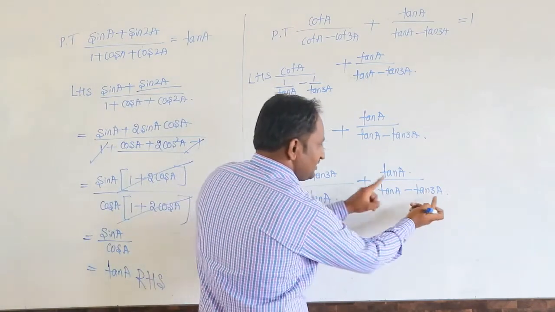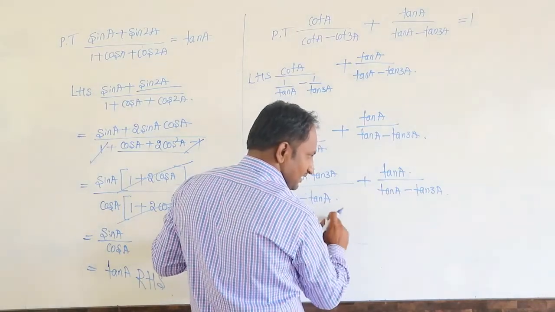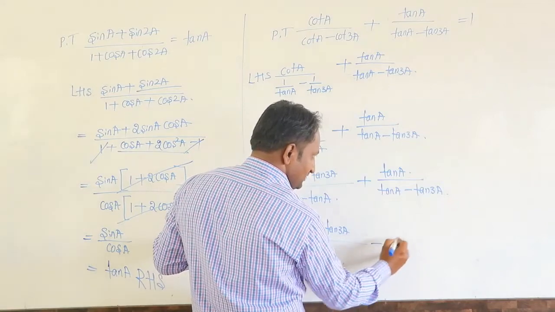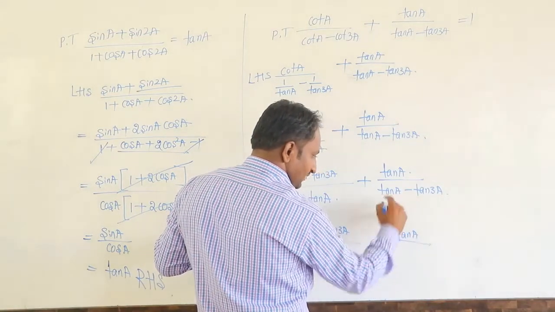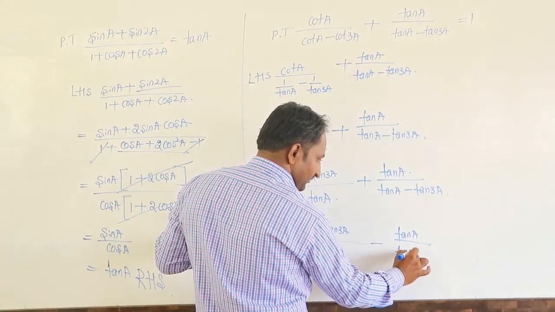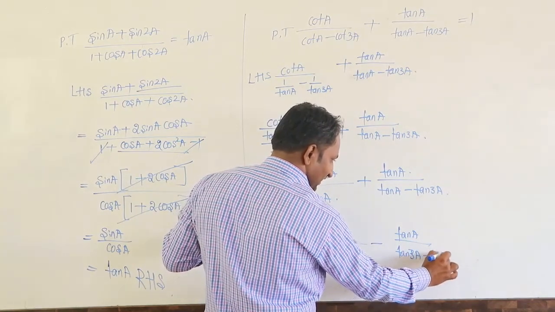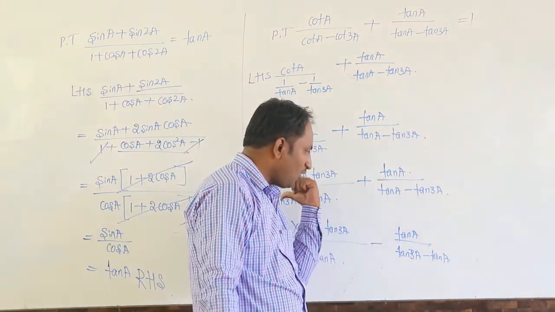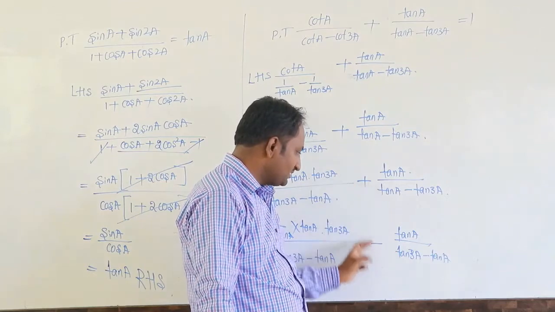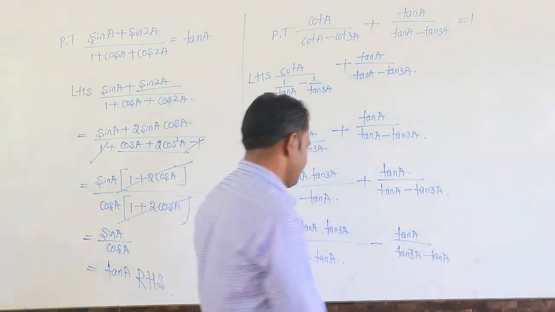Here reciprocal this one, minus is taken common: minus tan a divided by (tan 3a minus tan a). Take minus common, then plus into minus, (tan 3a minus tan a).